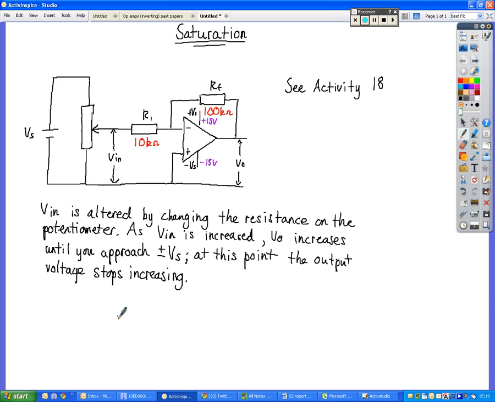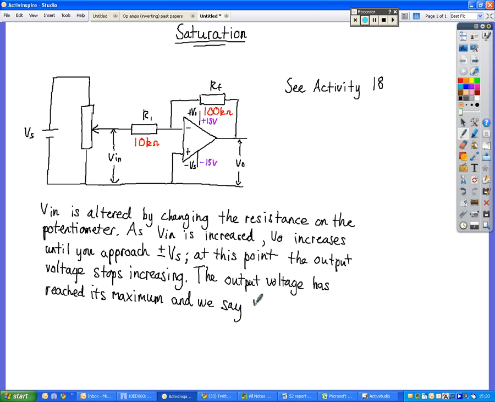The voltage stops increasing. The output voltage has reached its maximum, and we say that the op amp is saturated.